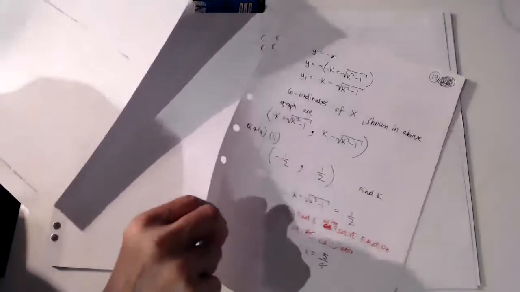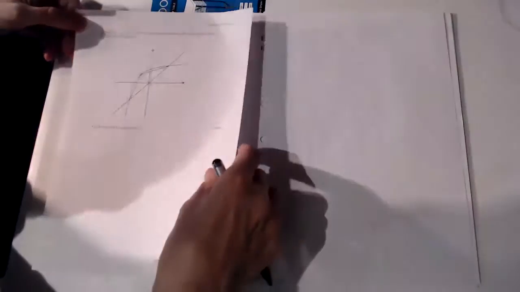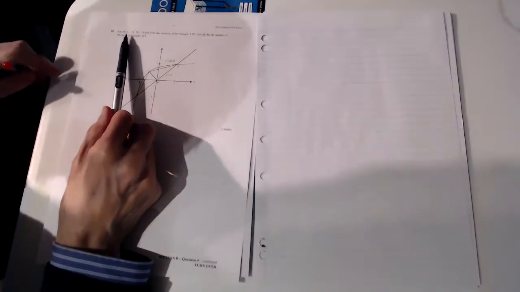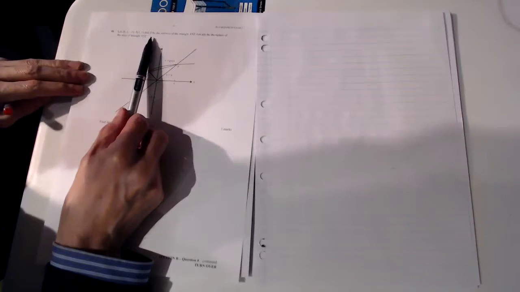So question 4e part 2 has been done. Now we move on to the next question. The next question is 4e part 3. Let z(negative 1, negative 1), y(1, 1), and x be the vertices of the triangle xyz.